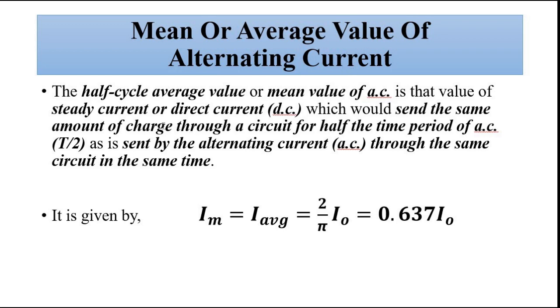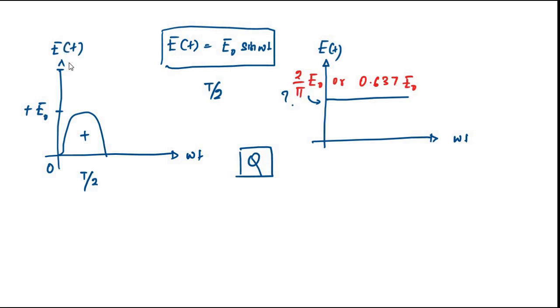Similarly, the mean value or average value of alternating current over one half cycle is that value of steady current or direct current which would send the same amount of charge through the circuit for half the time period as is sent by the alternating current. Here if we substitute E with I, we'll get the same thing. Let's say it is I(t) and this is plus I0.